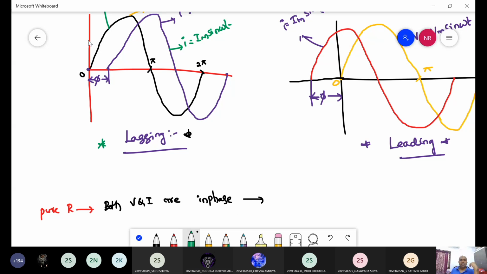Yes, just observe the waveform. Here the voltage is started at 0, and generally we consider as reference the quantity that started from 0.